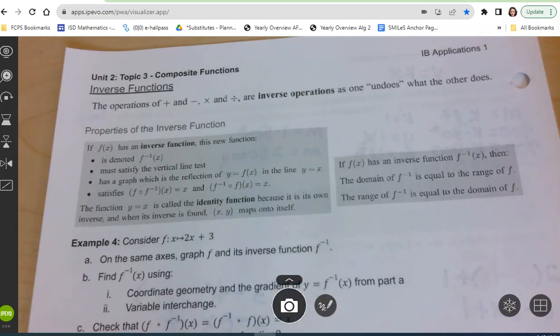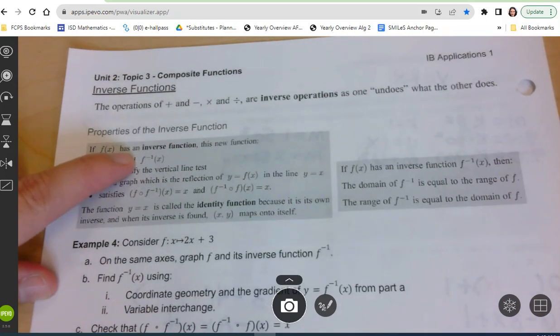All right, inverse functions undo each other, so it's telling you that the inverse of addition is what? Subtraction. And the inverse of multiplication is division. Okay. So if a function has an inverse function, you write it as f to the negative 1 of x, and you never say it that way, it's just the way it looks, because actually raising something to a negative 1 exponent is completely different from inverse.